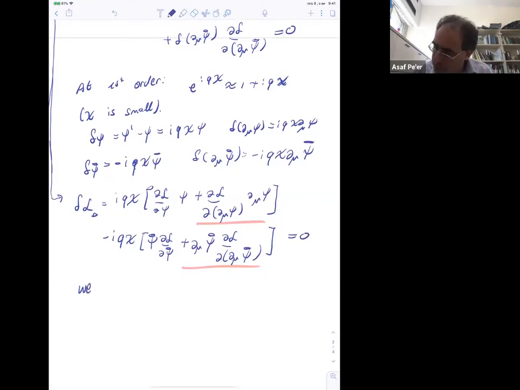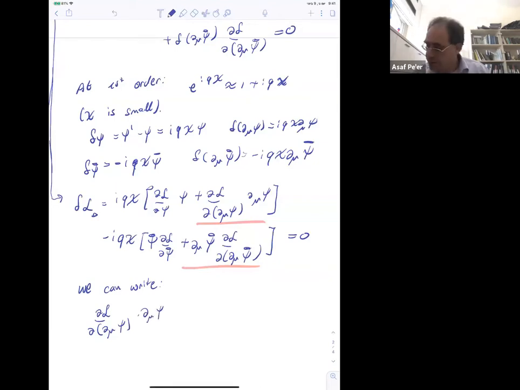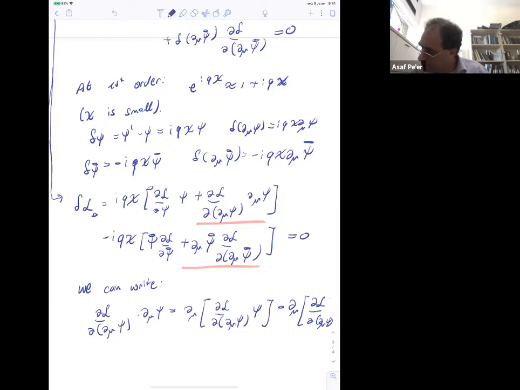We can write dL over d(d_mu psi) times d_mu psi, that's the full derivative: d_mu of (dL over d(d_mu psi) times psi) minus d_mu of dL over d(d_mu psi), multiplied by psi.